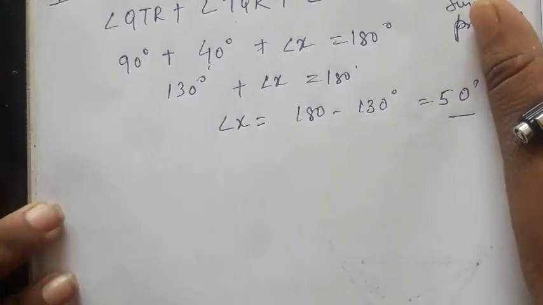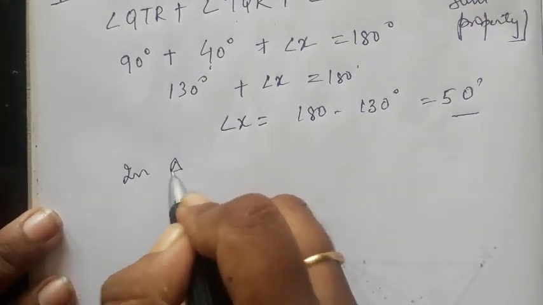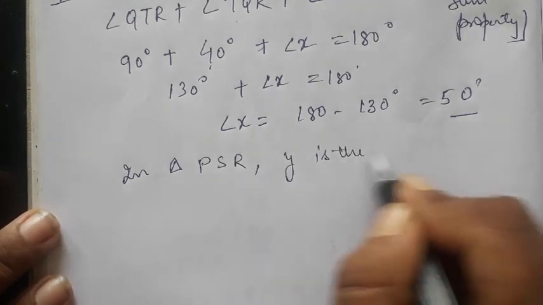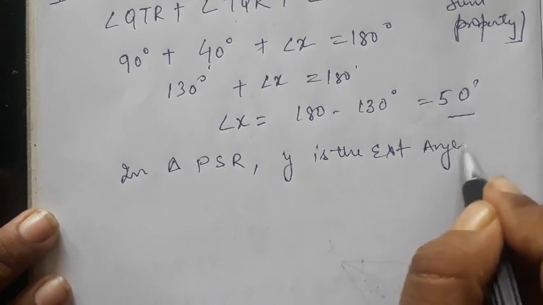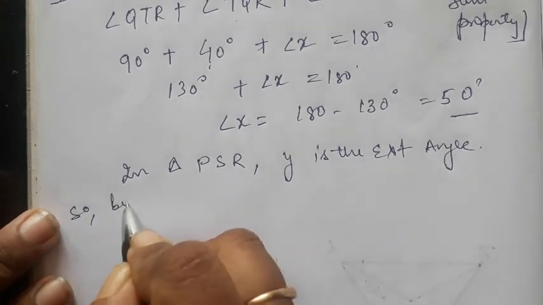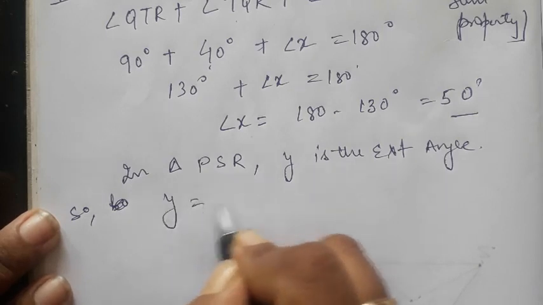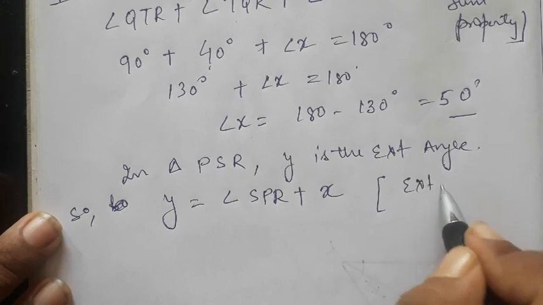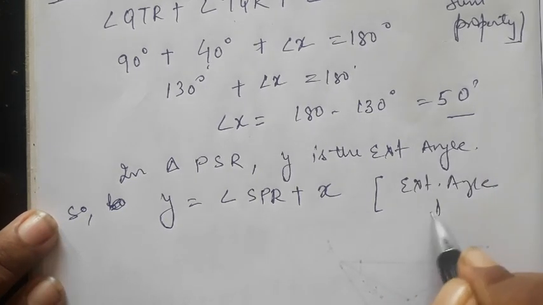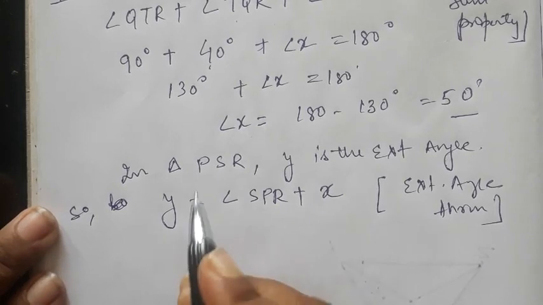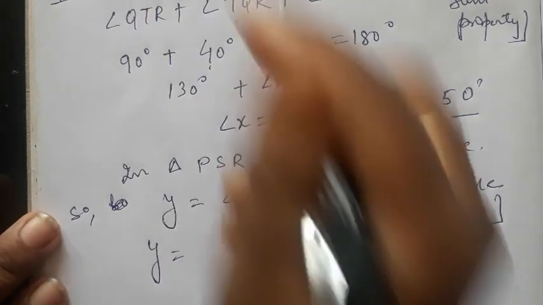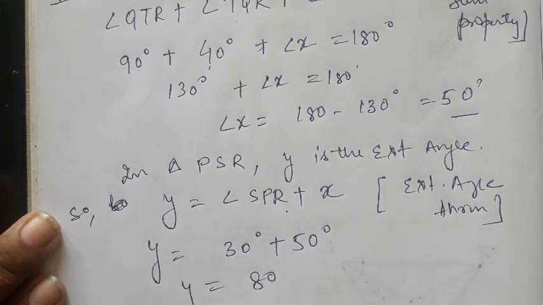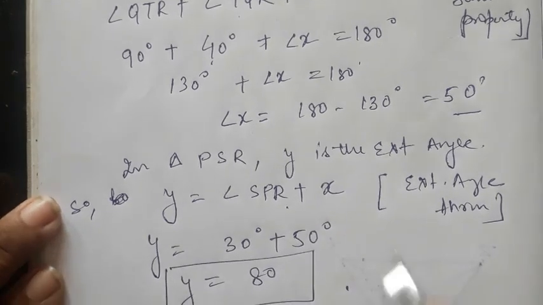So in triangle PSR, y is the exterior angle, so y will be equal to SPR plus x. SPR is already given as 30 and x is 50. So the value of y is 80.